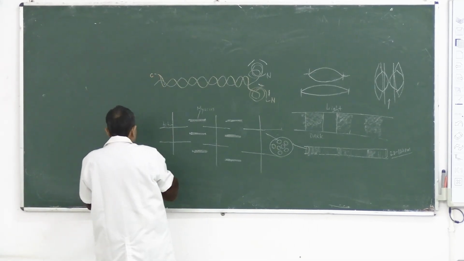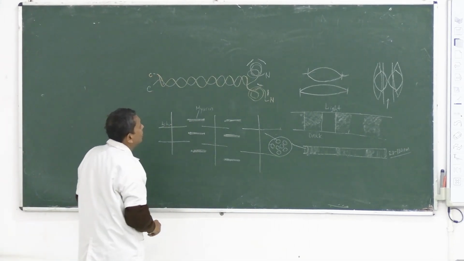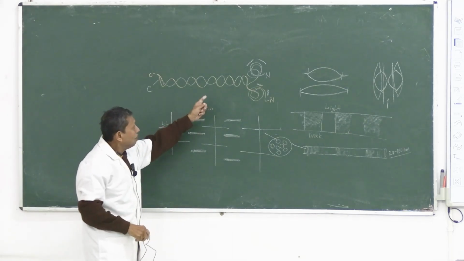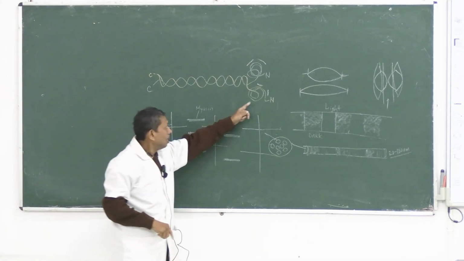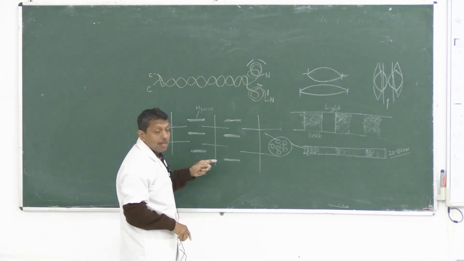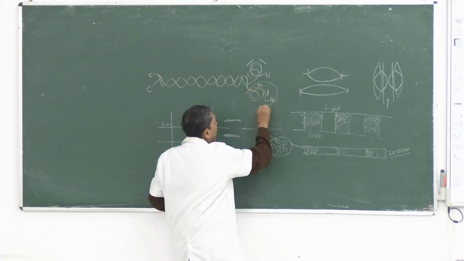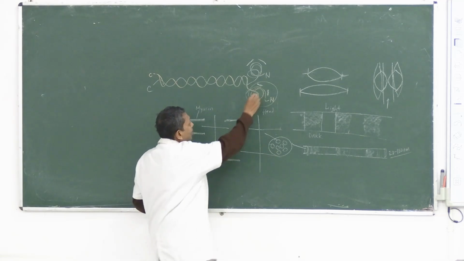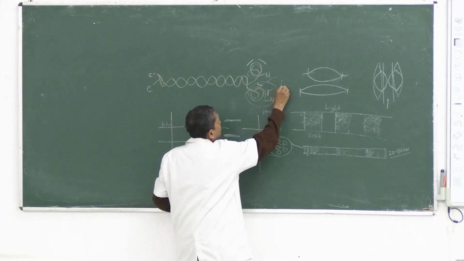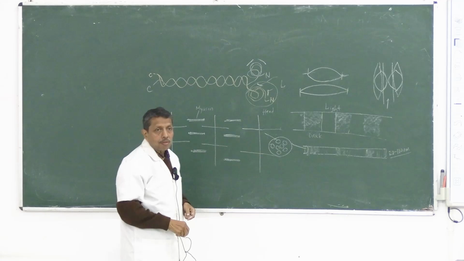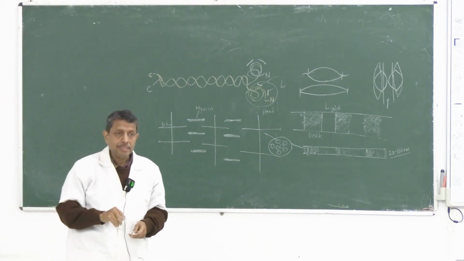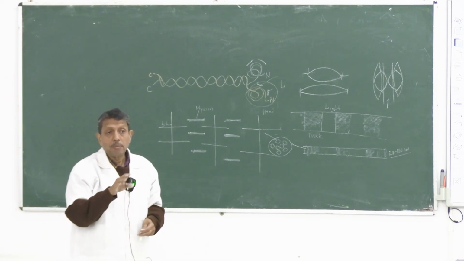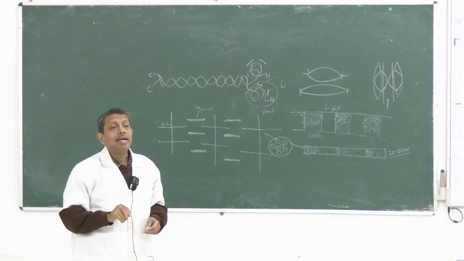C terminal and it is the C terminal. And these are these heavy chains and they are twisted in this way. It is the N terminal and it is the C terminal. And they together form the head part. And these are the light chains. 4 light chains. Of these, 2 are essential light chain and a regulatory light chain. Or in some cases there is a phosphorylatable light chain and alkali light chain.